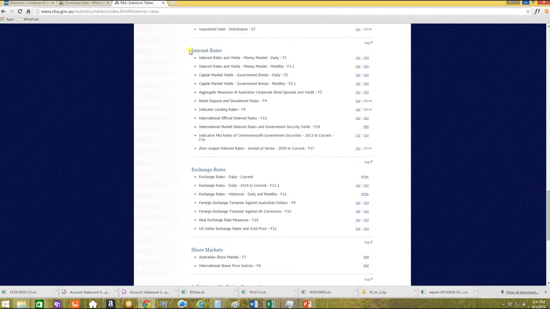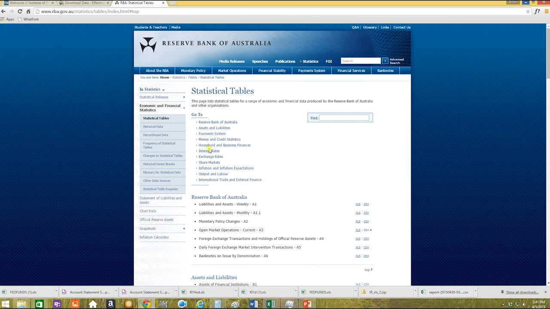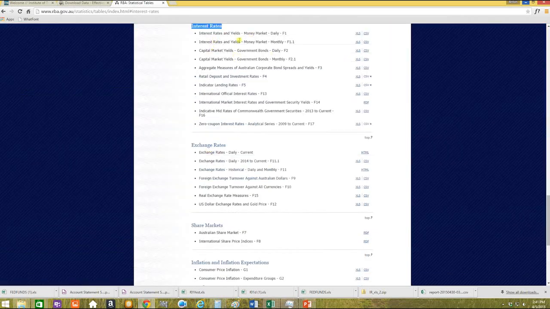Not in exchange rates, sorry, in interest rates. So you'll find in interest rates here, interest rates and yields money market daily, and interest rates and yields money market monthly. The one you want is the monthly data.